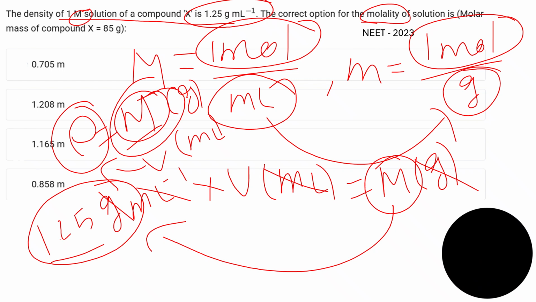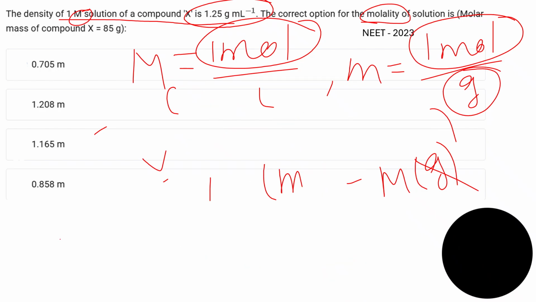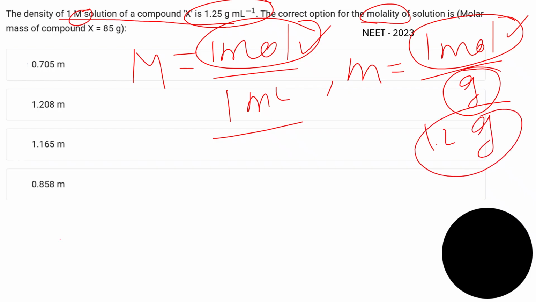Very simple. Okay. Then another interesting factor, just think. In 1 molar solution, it is nothing but 1 mole divided by 1 ml. In 1 molal, we find 1 mole divided by 1.25 grams.